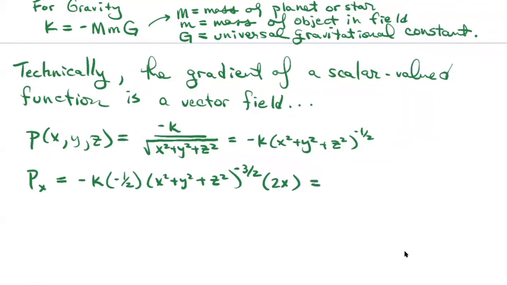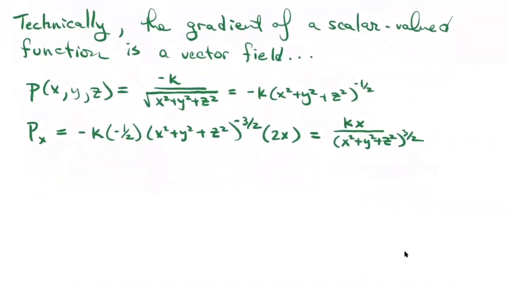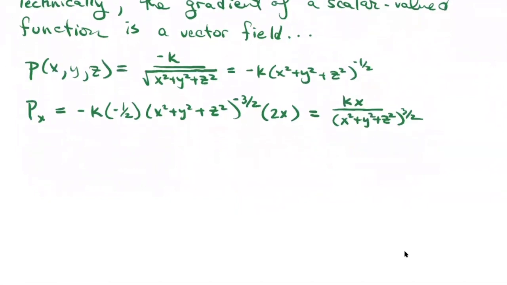The negatives cancel, the 2's cancel, so I think this is Kx over x squared plus y squared plus z squared to the 3/2. You guys got that? What do you think? Yeah? Okay, thanks, Travis.